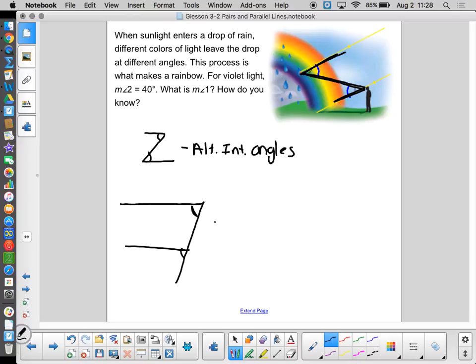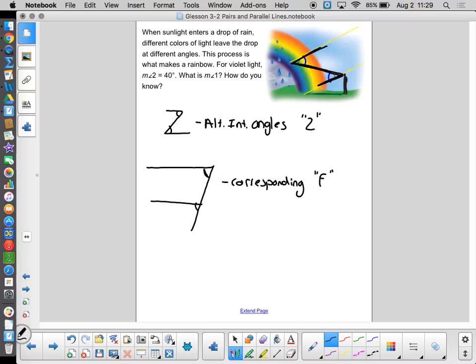Corresponding angles make an F. Consecutive interior angles make a C. So sometimes you can tell what's going on based on what letter you see.